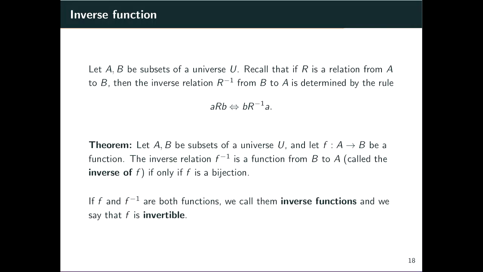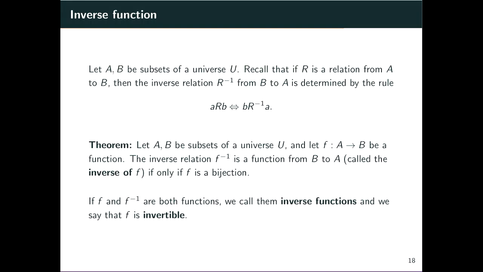The question is whether the inverse relation is actually a function as well. That's a very important theorem to know. If f is bijective, then we can define f minus 1 as a function as well, we'll call them inverse functions, and we'll say that f is invertible.